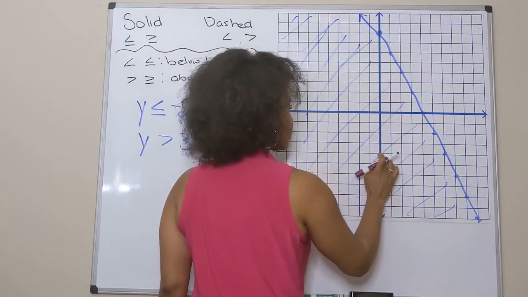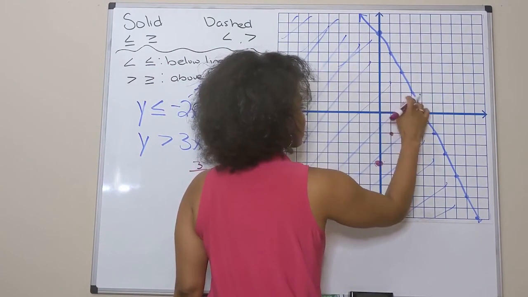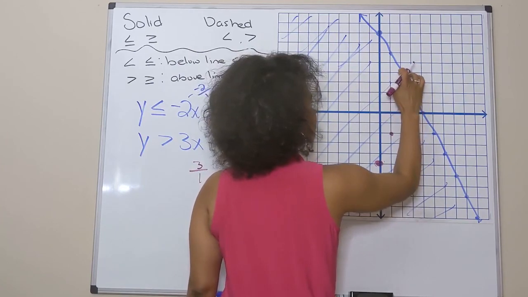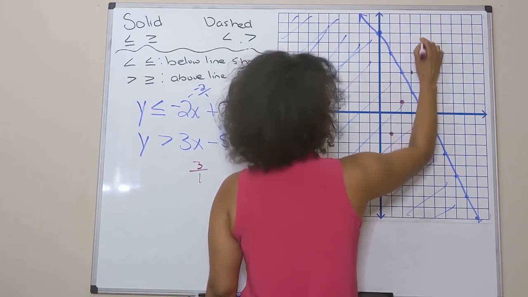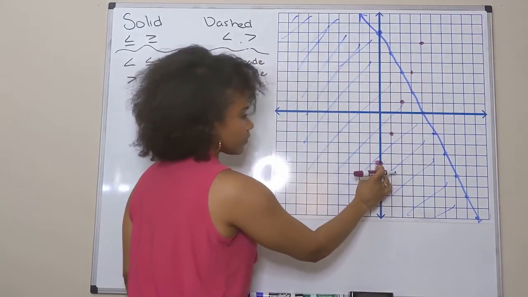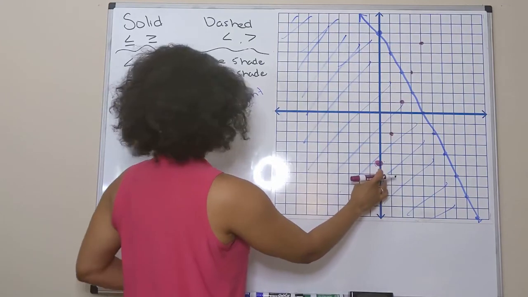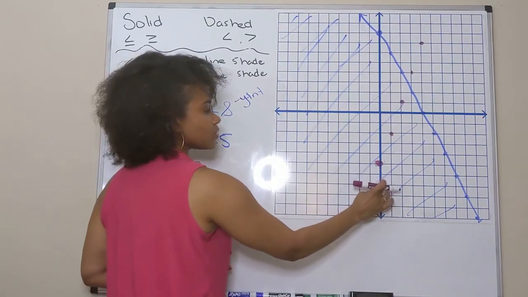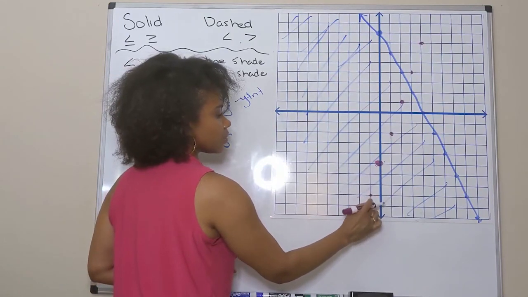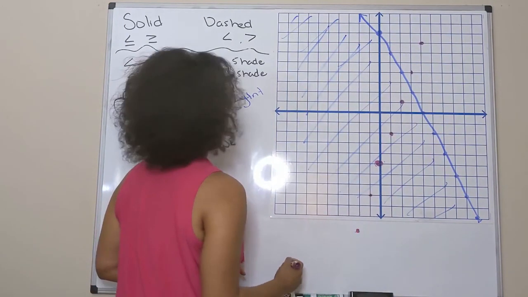Go up 3 over 1. There we go. One more point, or a few more points on the left-hand side of my y-intercept. So I'm going to go down 3 and back 1. 1, 2, 3, back 1. Off the graph, but that is okay.